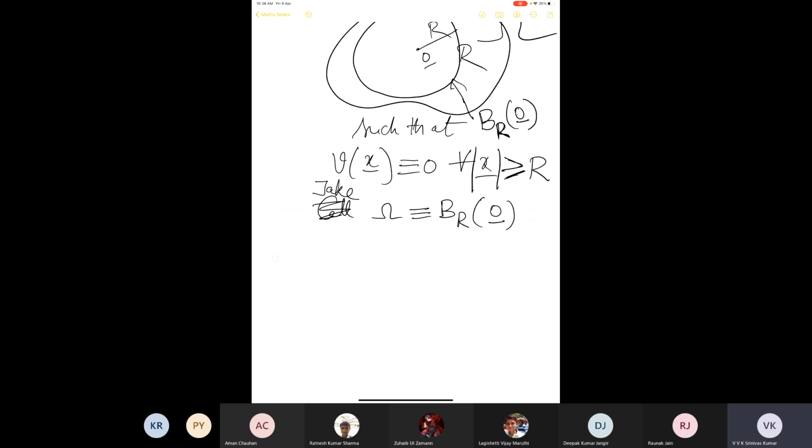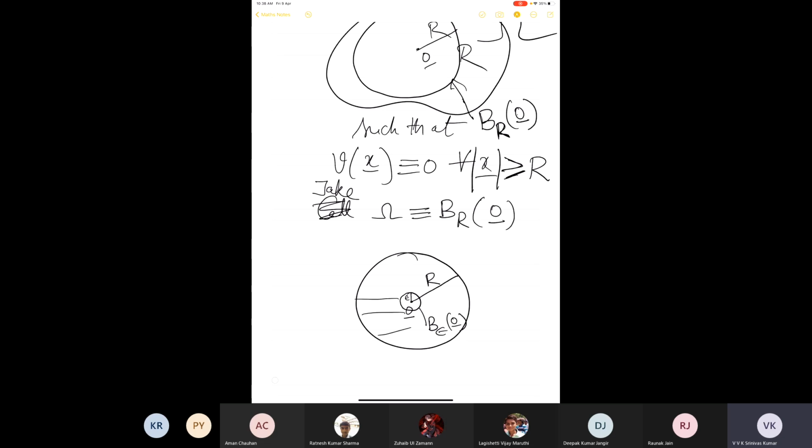And K of x has a problem at the origin. K of x has a problem at the origin. So we are in this situation. This is R. This is the origin. Take an epsilon. This is B epsilon of 0.